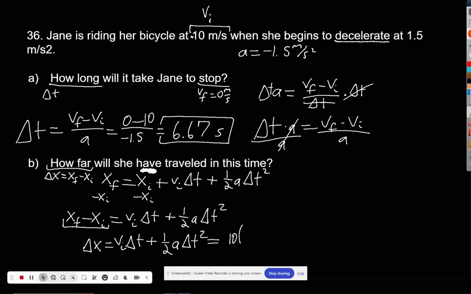Our time we found in part A, 6.67. Our acceleration, negative 1.5, and our time, once again, 6.67. And we got to square it for the second one. Then carefully plug all that into a calculator, keeping in mind that your acceleration is negative.